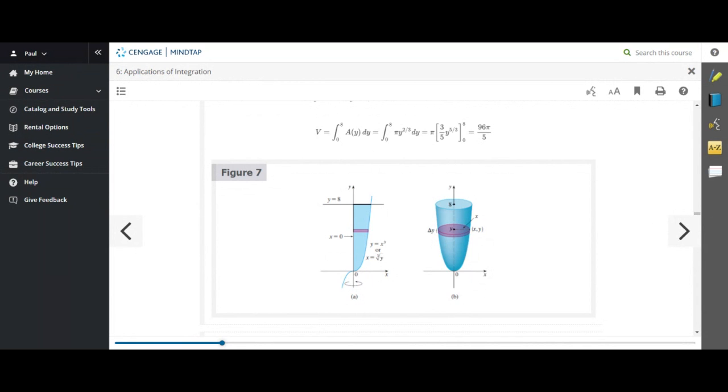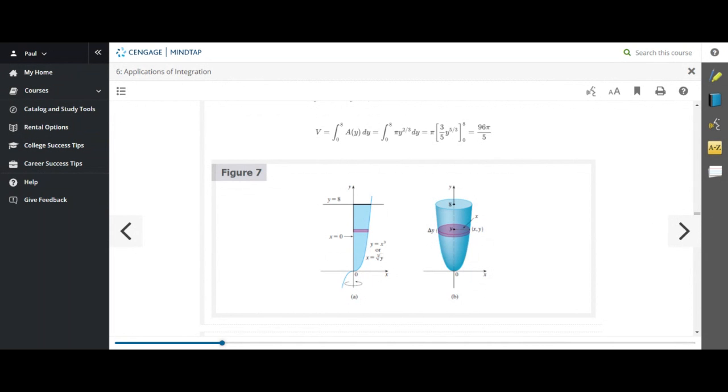So y equals x cubed is there in figure 7, and x equals 0 and y equals 8. So that's the region. You rotate it about the y-axis, and you can approximate that volume using horizontal discs with delta y as the width, and then the radius is going to be that distance from y equals x cubed to the axis of rotation, which is the y-axis.